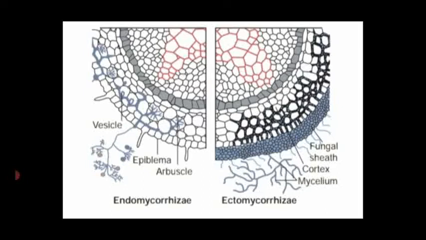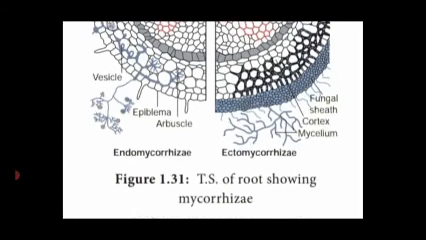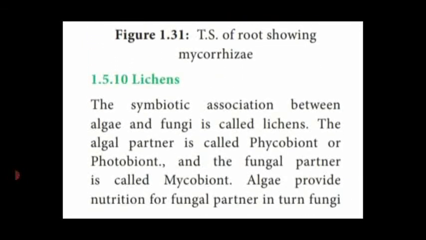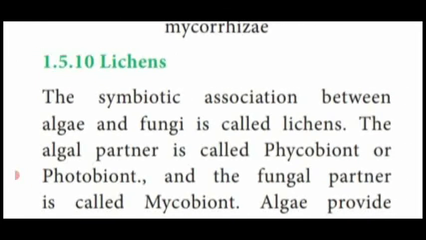Dear students, up to this we have seen what is mycorrhizae, types of mycorrhizae and importance of mycorrhizae. Next we are going to see the topic lichens. The lichens are another symbiotic association between an algal partner and a fungal partner.